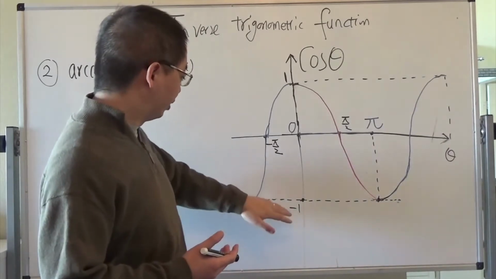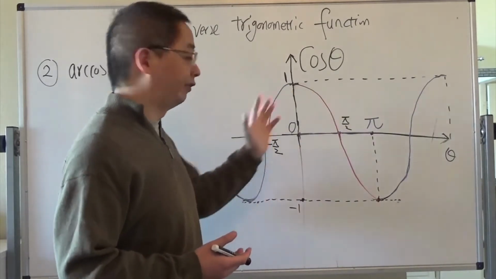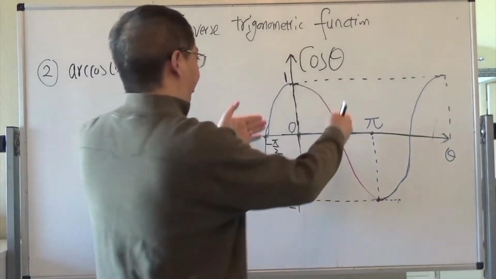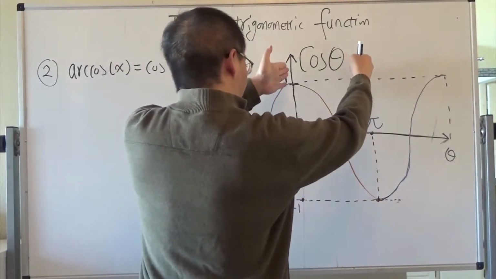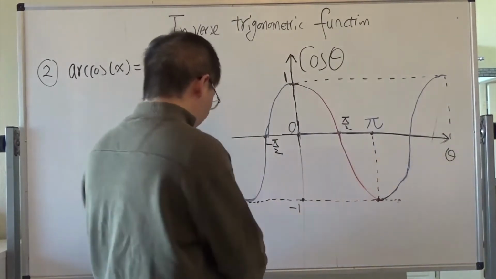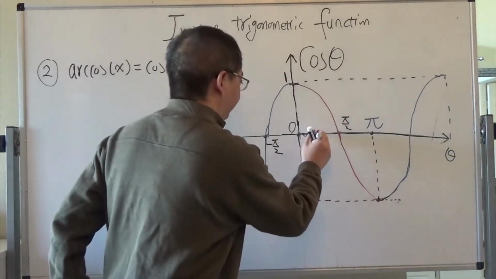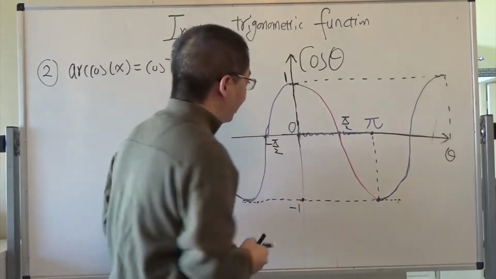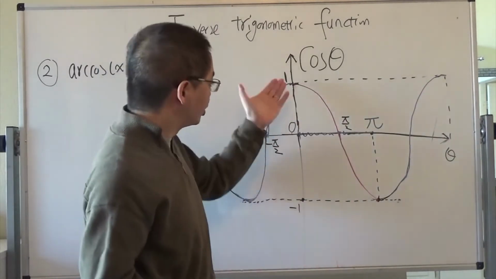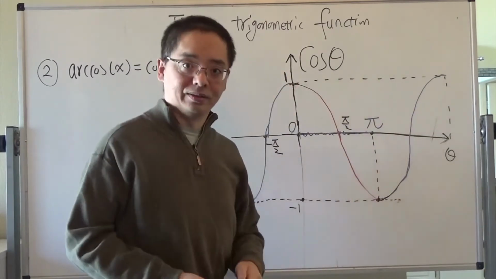The values change from -1 to 1, and the function is 2 pi periodic. However, if we restrict the cosine to between 0 and pi, then we see that the function cosine theta is strictly decreasing.